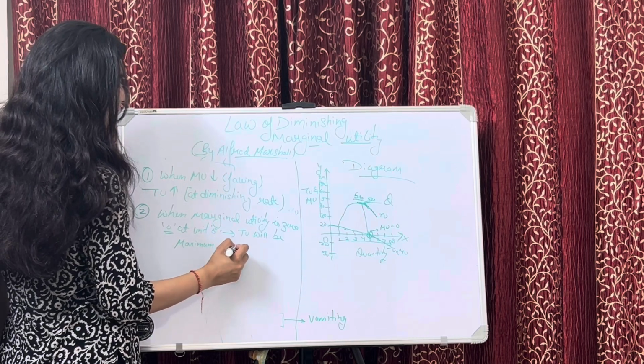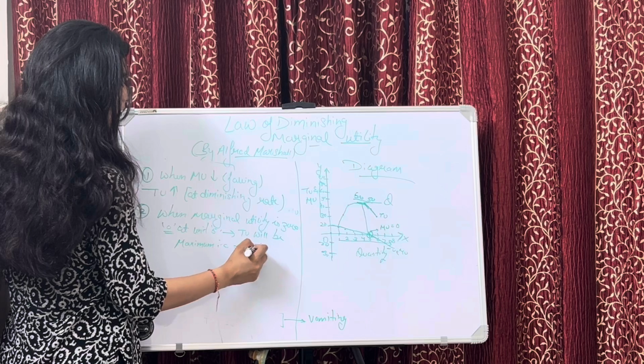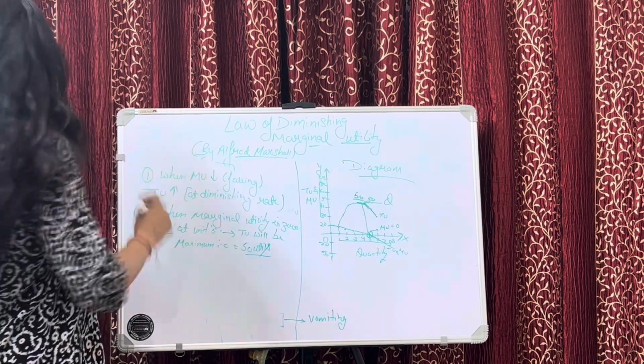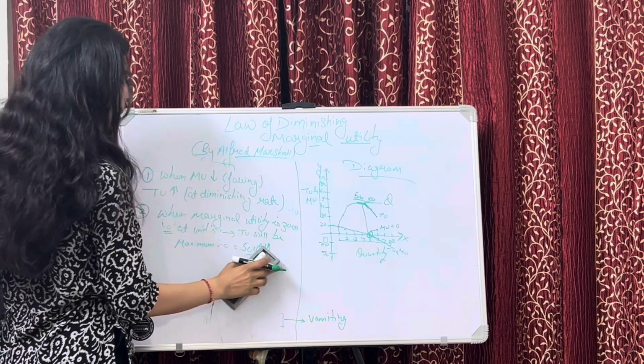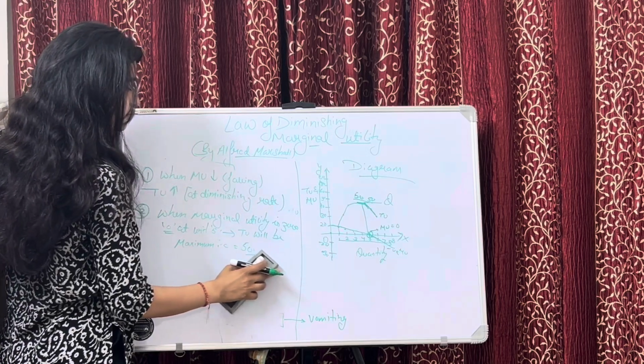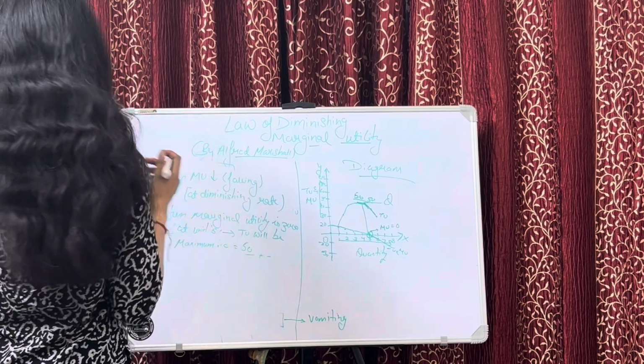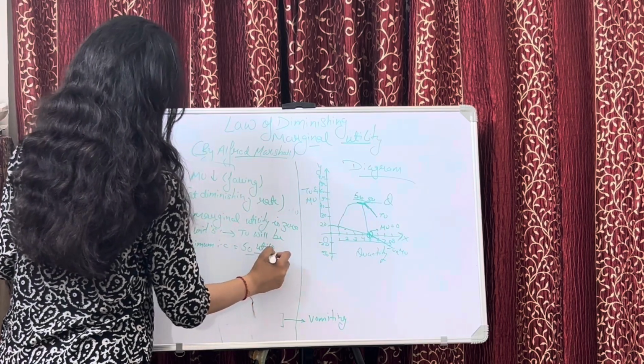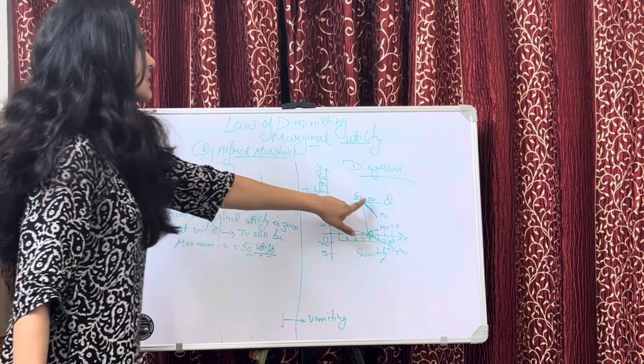That in our case is 50 utils. Okay, UTILS. It will be 50 utils, that is the maximum.